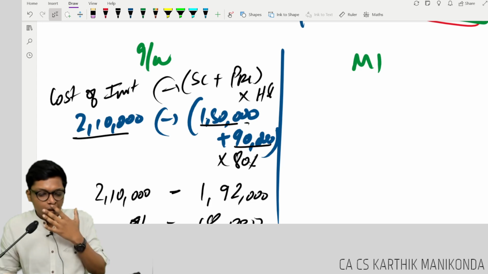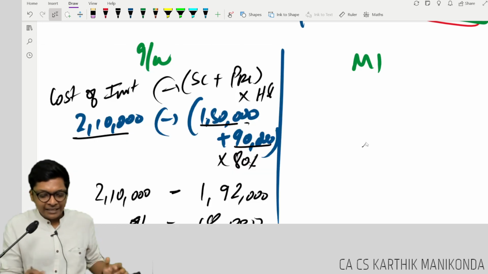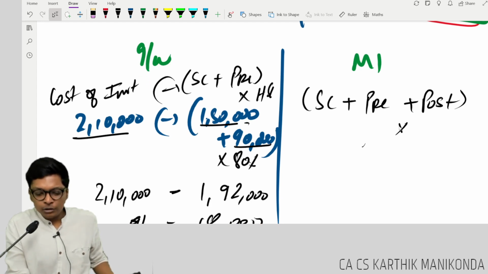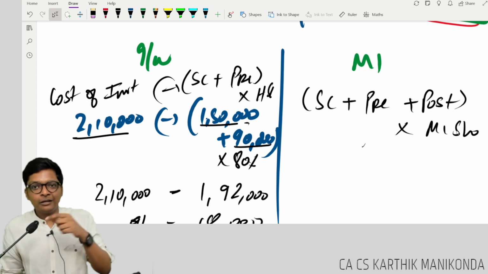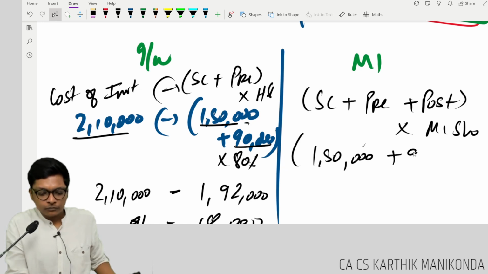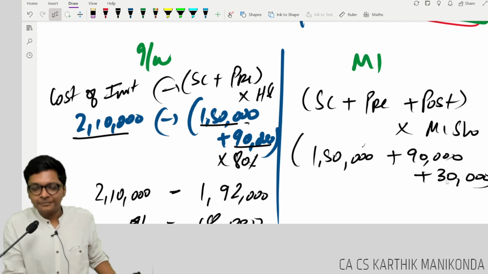This step 5. How to compute minority? Simple. I gave you multiple equations. Share capital plus pre plus post into minority share. That's it. What is share capital? 1,50,000. What is pre? 90. What is post? 30. They gave in the question.